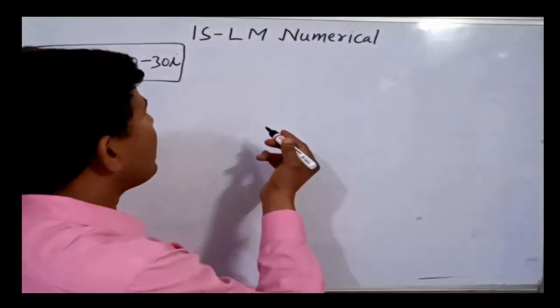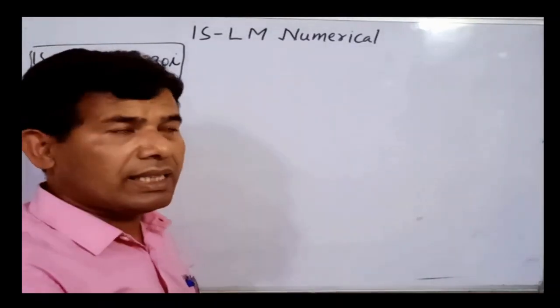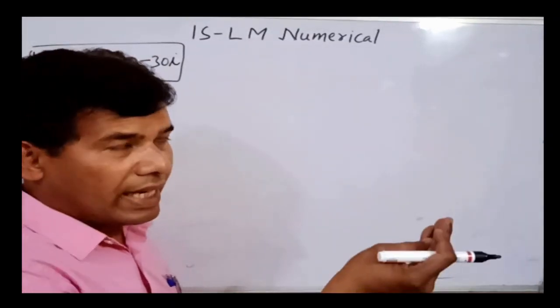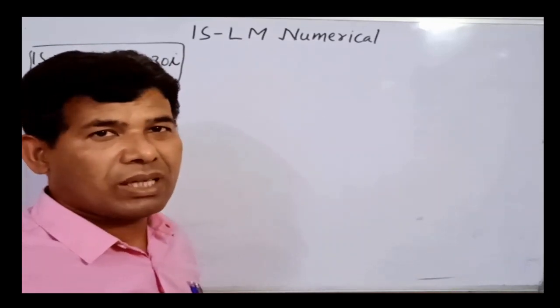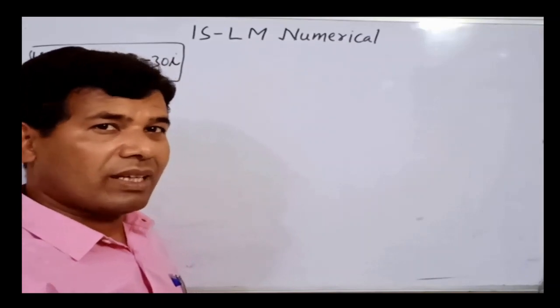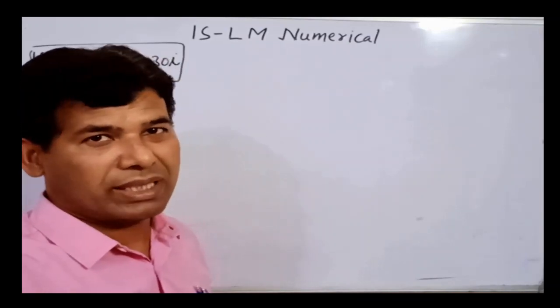Now, what is the condition of money market equilibrium? In fact, when we derive the LM curve, we derive it only on the basis of the condition of equilibrium in the money market.